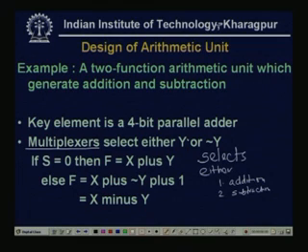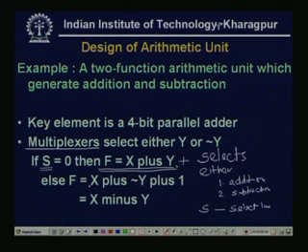Say S is the select line of the multiplexer. My design is such that if S equal to 0, then the output function is f equal to x plus y, that means it is an addition.